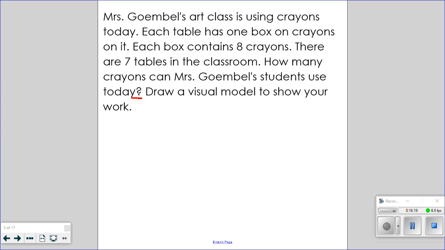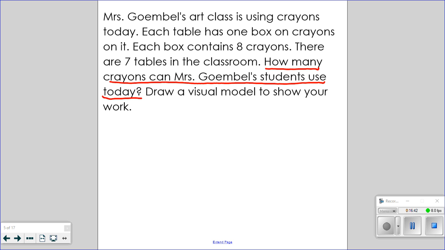You see my question mark? Pay really close attention to that last part with the question. How many crayons can Miss Gimbel's students use today? Avery, what am I counting in this problem? Crayons. Whatever word you choose. What's going to be my answer sentence?